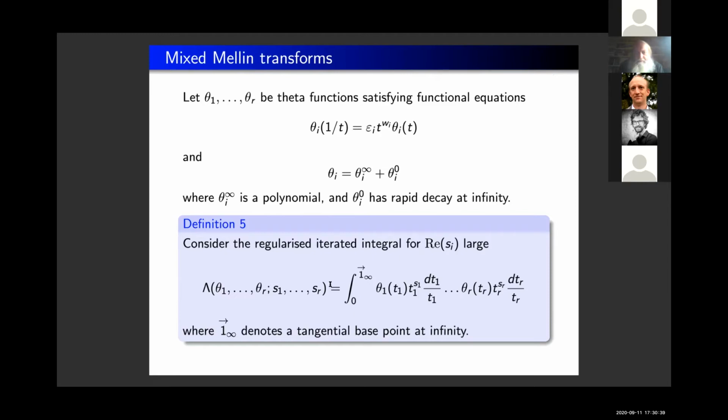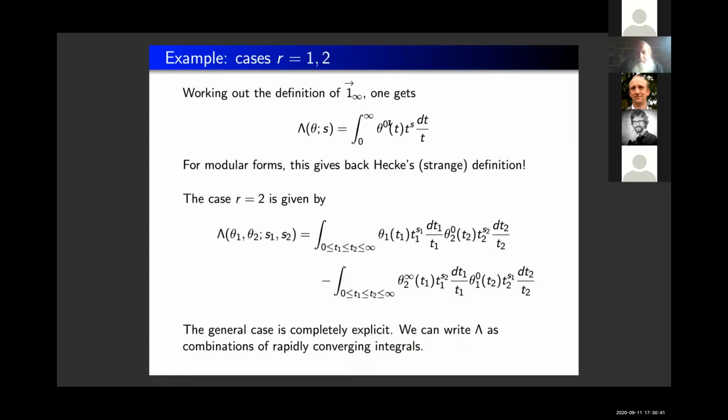But in this picture, theta 0 doesn't satisfy any particularly nice functional equation. It's quite horrible. It's quite surprising that the functional equation of lambda is equivalent to the functional equation of theta. So already in the case R equals 1, this tangential base point business explains something.